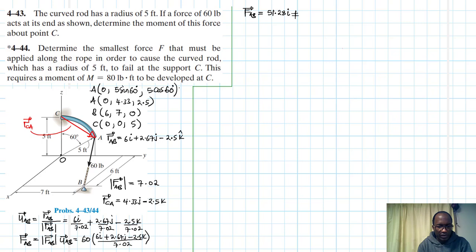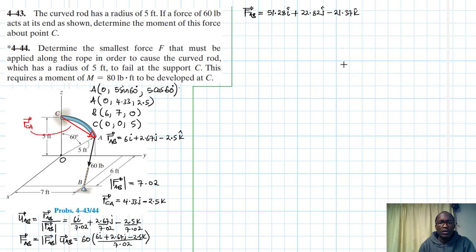Then 2.67 divided by 7.02 times 60, we get 22.82j minus 2.5 divided by 7.02 times 60, this is equal to 21.37k. Okay, so there we go.